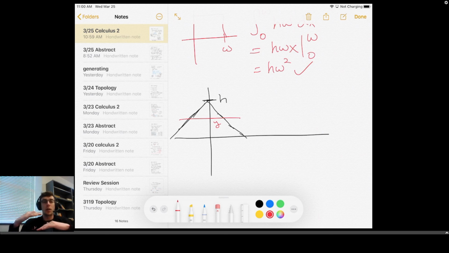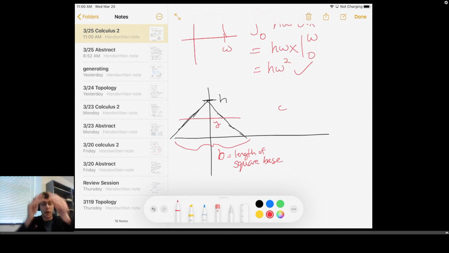If you have a pyramid with a square base, like this whole guy is, say, length b, length of base. I realize you can do a triangular pyramid as well, but here all of these cross sections are squares going up, getting smaller and smaller until you reach that point.